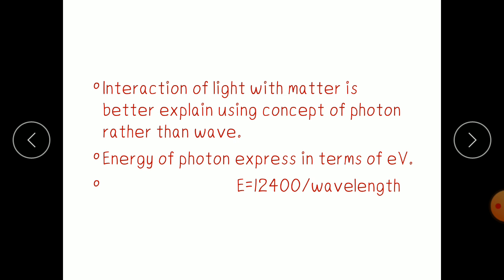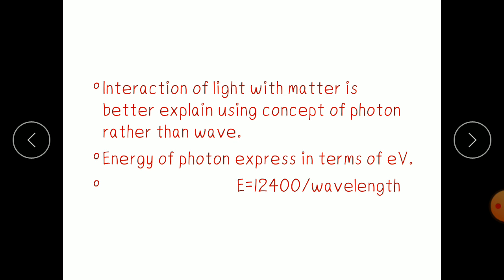So for that we divide it by the charge on the electron. The charge on the electron is 1.6 into 10 to the power minus 19 coulomb. So the product of h into c is divided by the charge on the electron. That gives us 12,400 into 10 to the power minus 10, so that comes with the wavelength.